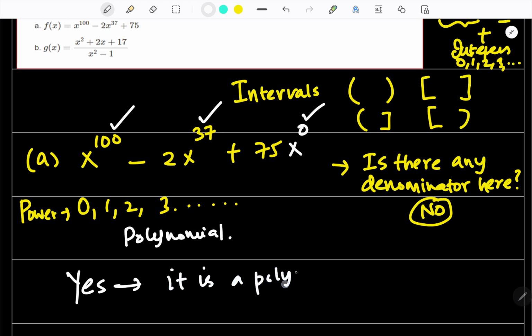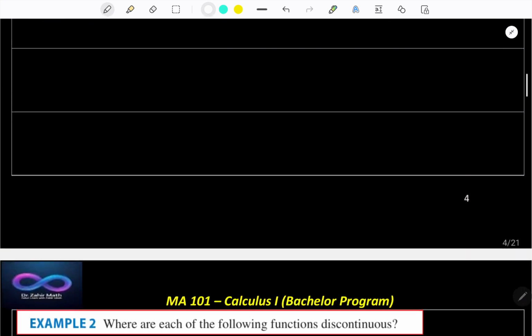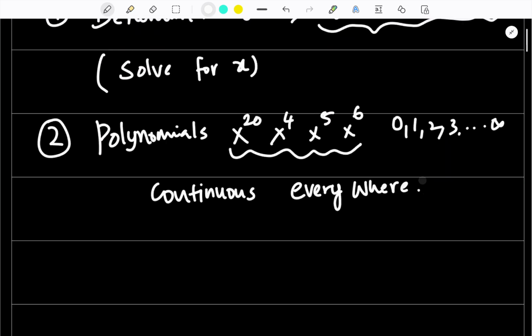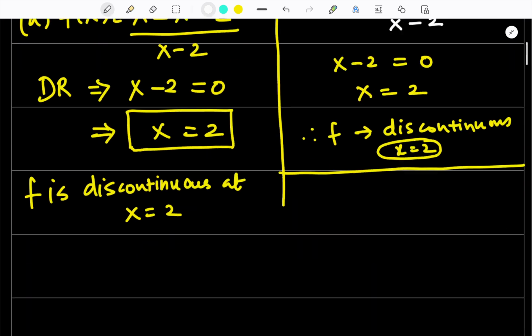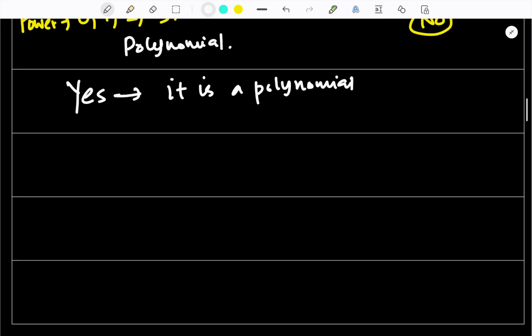Okay, where is a polynomial continuous? I told you in the beginning itself. I think I wrote it, yes. Polynomials are continuous everywhere. Everywhere means what, teacher? All, minus infinity to plus infinity.